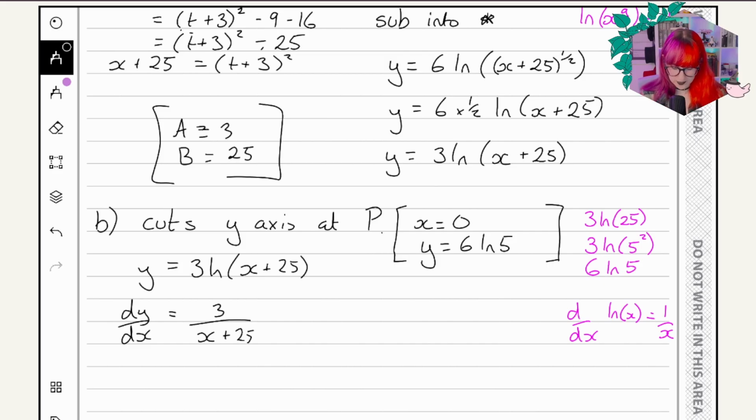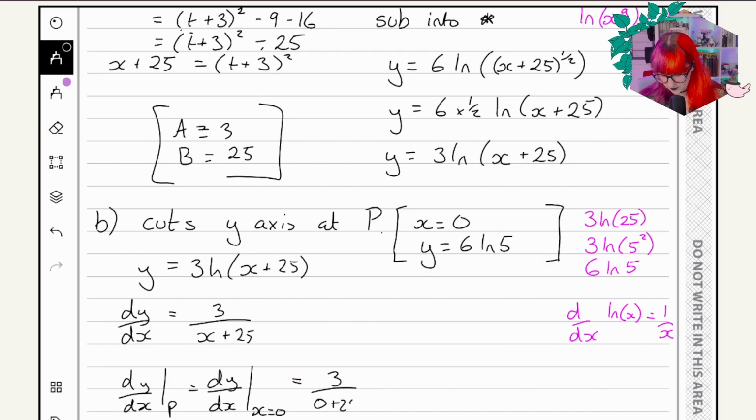Okay, but remember, we want this evaluated at the point P, which is where dy dx evaluated at x equals 0, which is 3 over 0 plus 25.